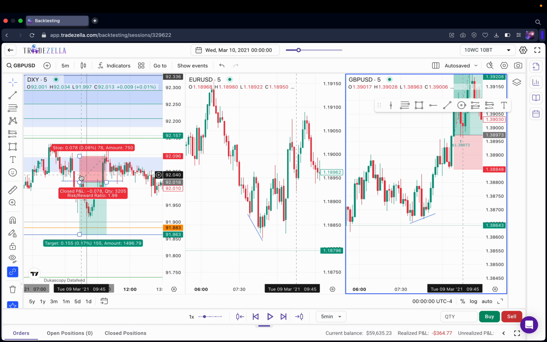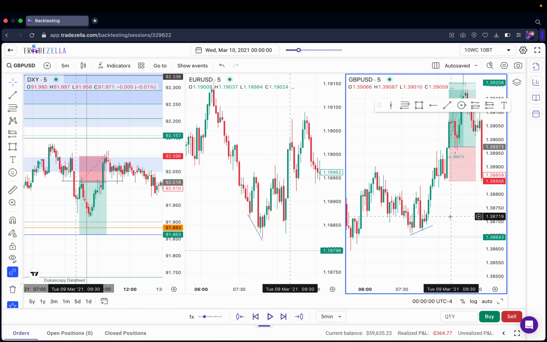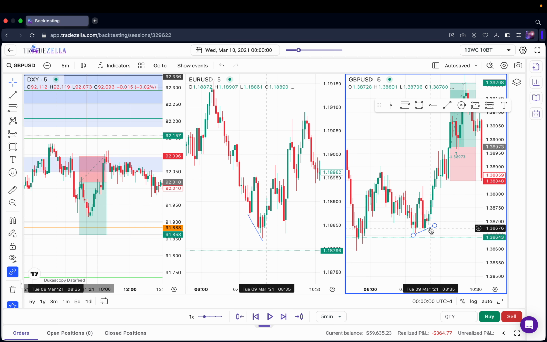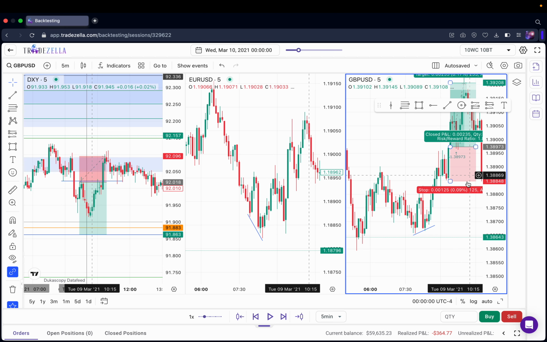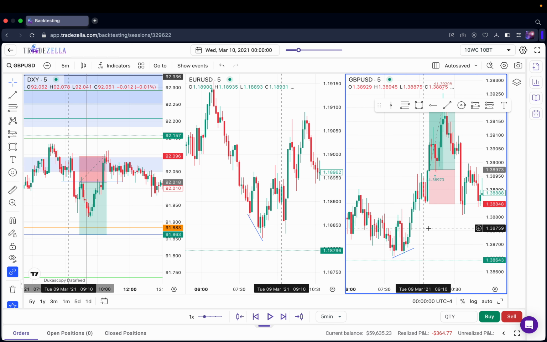We are expecting bearishness in the DXY, and to pair up with a good currency, we need a stronger, bullish currency, because these are inversely correlated. So what I basically did was I chose GBP USD, and even this higher low is here, basically very strong.